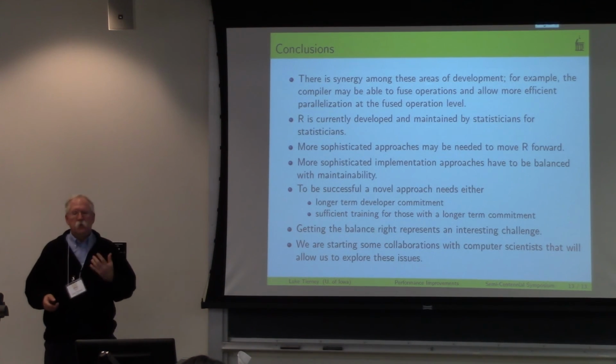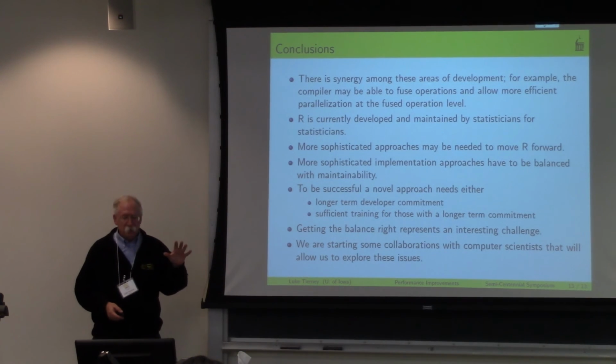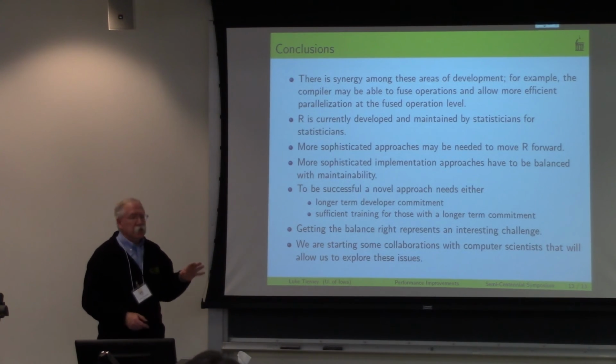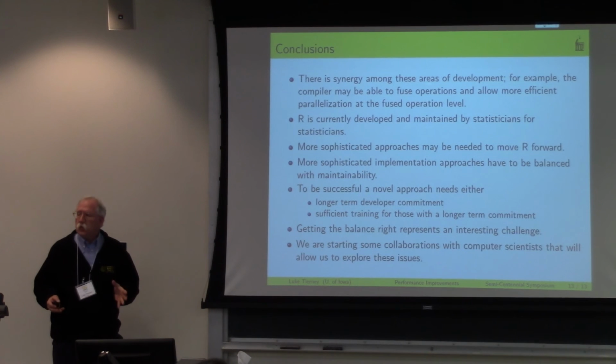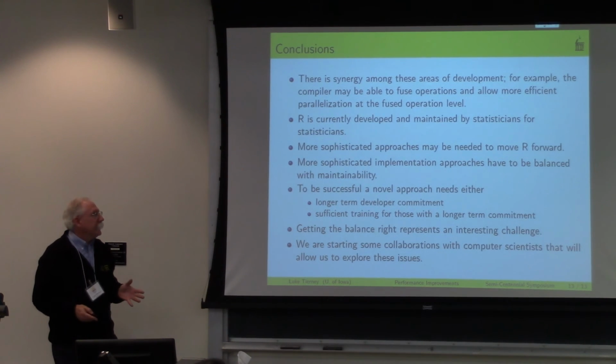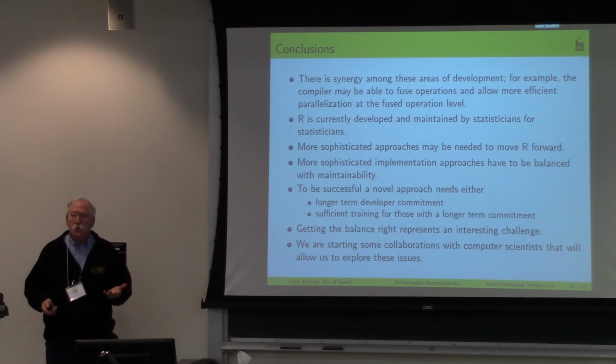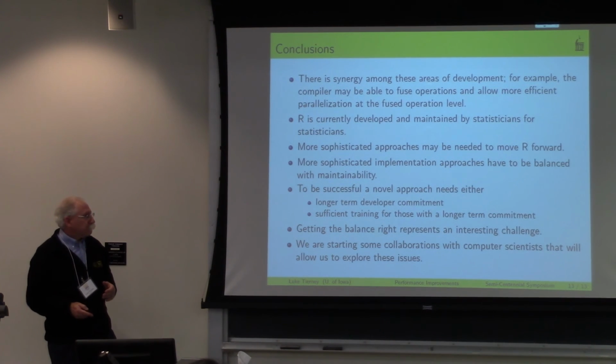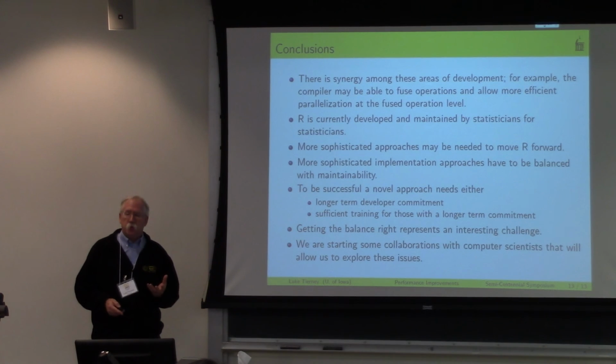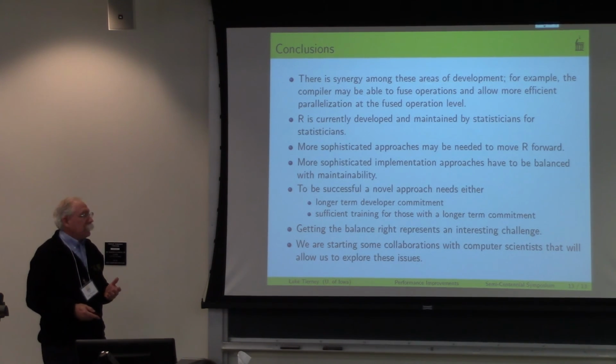If you look at the list of people working on R, all of us have statistics PhDs, and we work on it because it's a tool that we really find valuable for our other work. We're not trained in computer science, but we certainly learned a lot about it. It would be nice to start working with some computer scientists, and we're starting that.